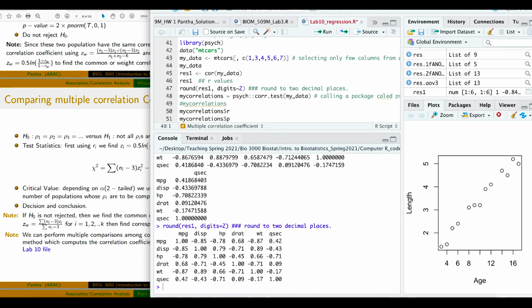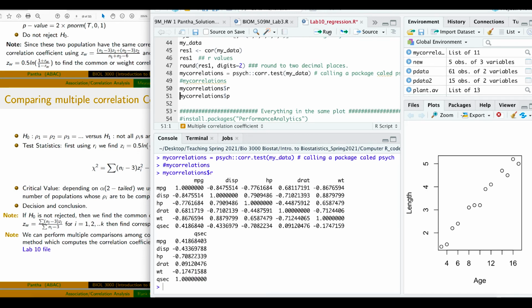MPG and DRAT are negatively associated. You can find any of those combinations. Now I want to plot all these, as well as test the hypothesis for each of those: whether MPG and displacement are correlated in the population or not, whether MPG and HP are correlated in the population or not. This is the code on line 48. That's what you do.